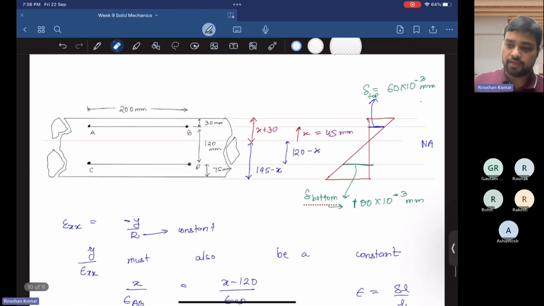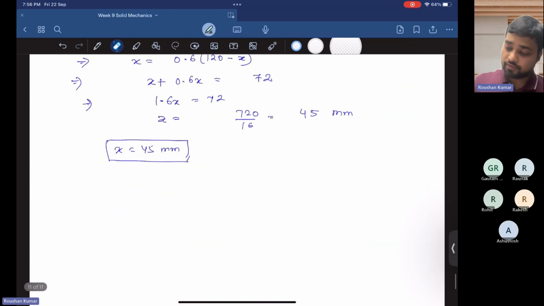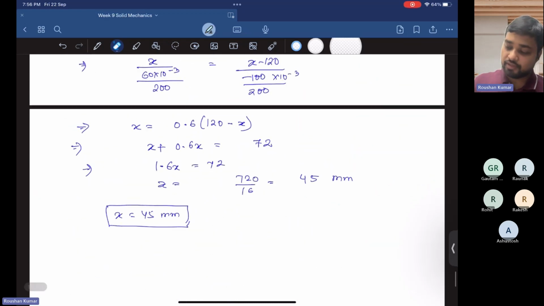the strain in the top and the bottom fiber. So we are using the same concept, that the radius of curvature is the same in this case.